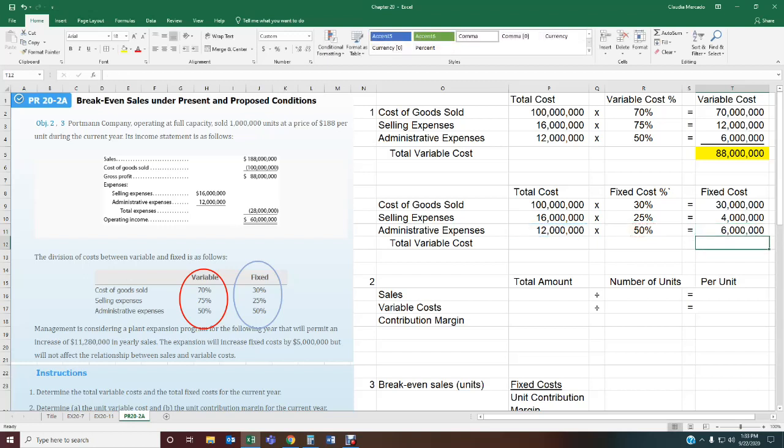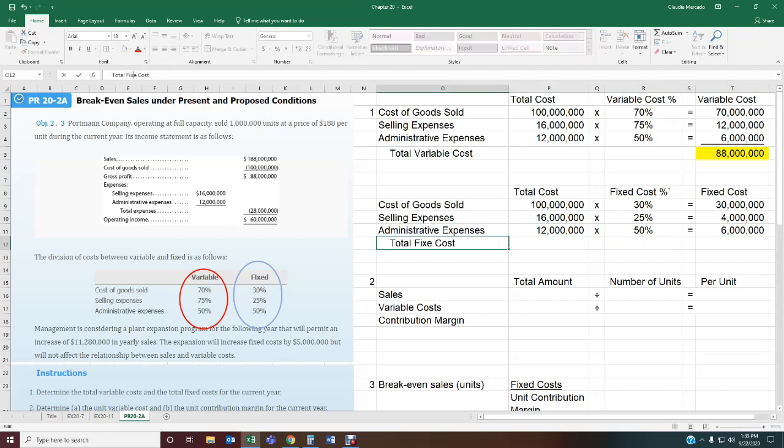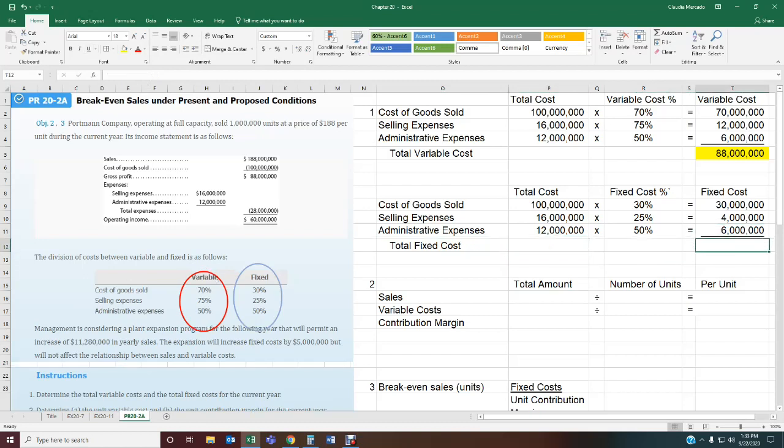So now we can add our total, and in this case it's my total fixed cost. We're going to add those together, and that gives me 40 million.